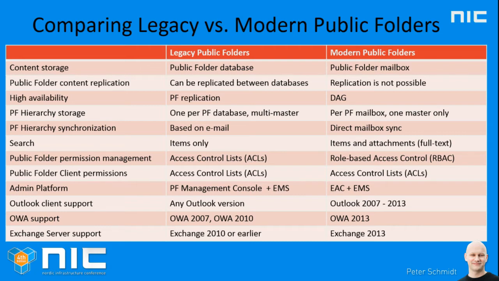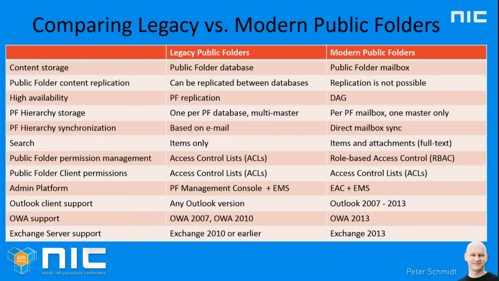The search mechanism has changed, so now we can also index attachments in mails located in our public folder mailboxes. The access control for managing our public folders has changed, since we are now relying on the RBAC model that was introduced with Exchange 2013.